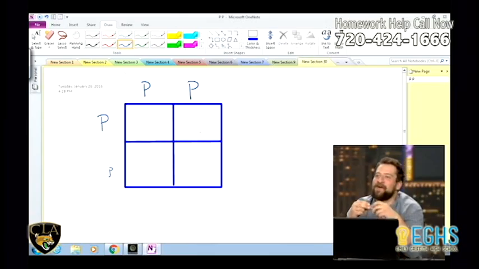The rule is that each parent is going to contribute half of their genetic code to their potential offspring, and there are 4 potential offspring being represented here. If we end up with a parent that is dominant, as in 2 big P's, we're going to have a purple flower. And if we have a parent that is dominant recessive, so big P, little p, also going to be purple. The only example of a white flower would be if we had little p, little p. So let's see if we end up with any white flowers in this example.